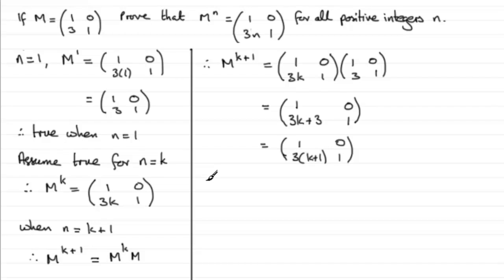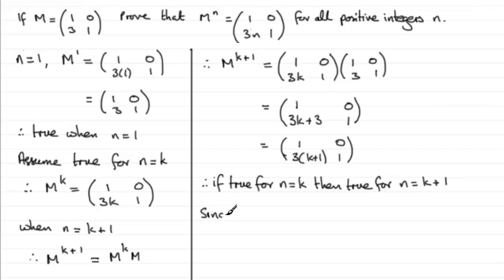So let's summarize in the usual way, and we can say that if true for n equals k, then what we've been able to prove here is that it is true for n equals k plus 1. And we've already seen that since true for n equals 1, then it must be true for n equals 2, the next one up from 1.